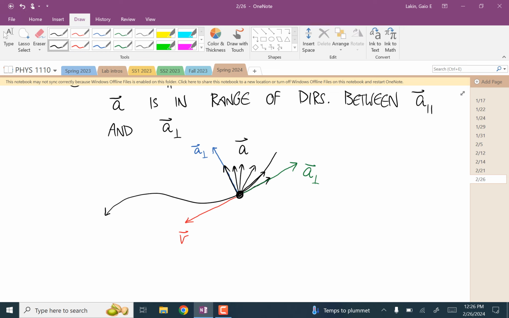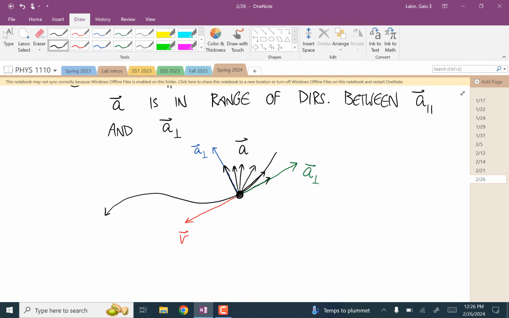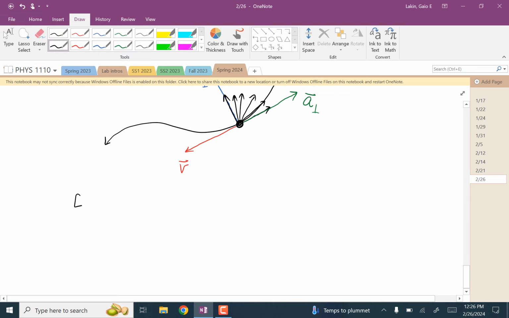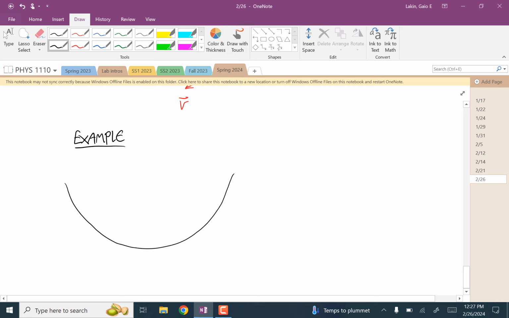I'm going to just go through 3 examples so you can sort of see how this works. So first of all, let's think about an object that is turning. So let's say that this object is moving along a path like this. Let's say it's going this way. And let's say that this is the instant that we care about right here. Okay?